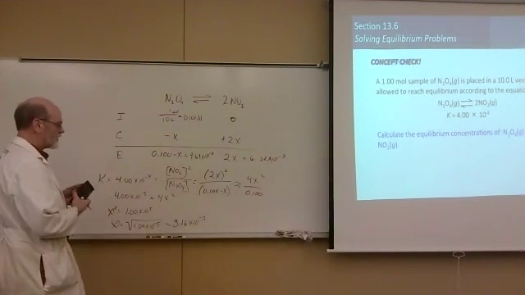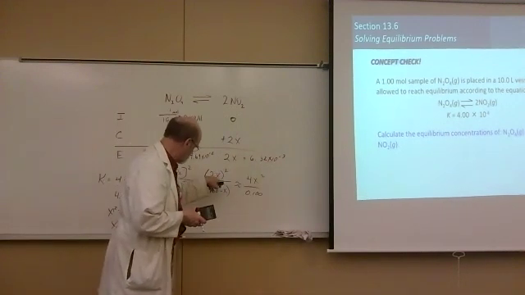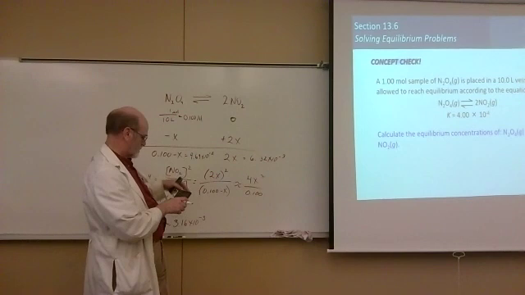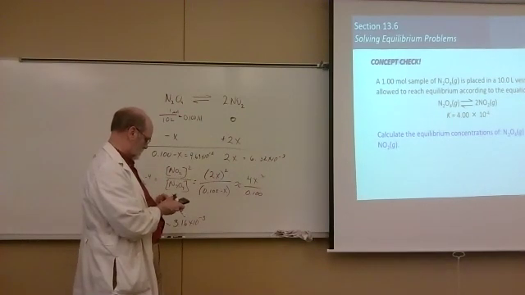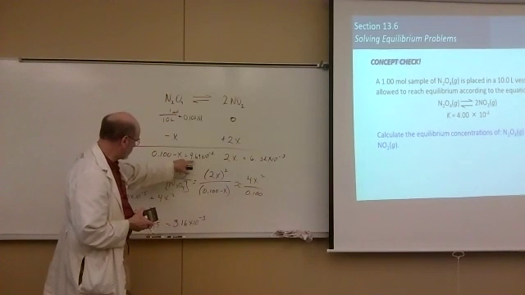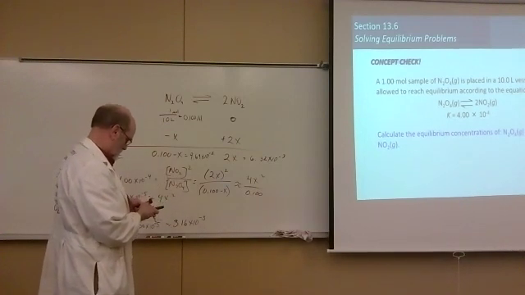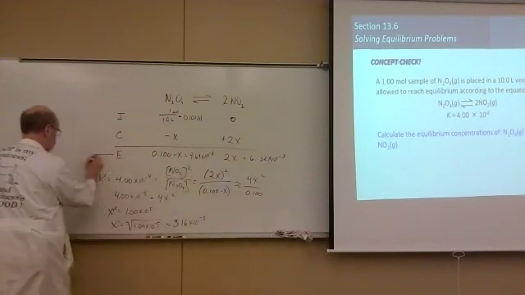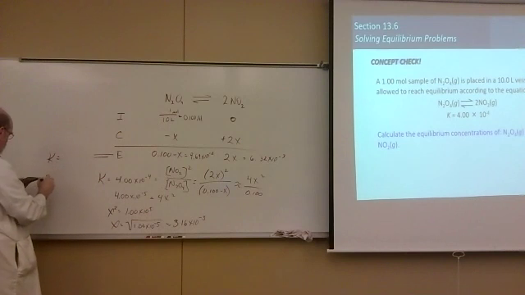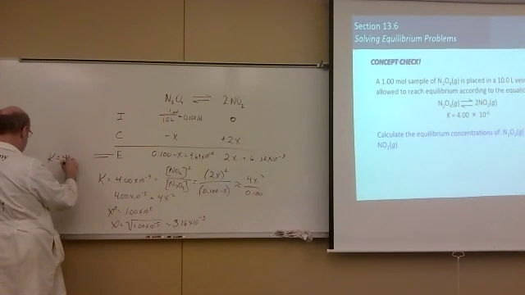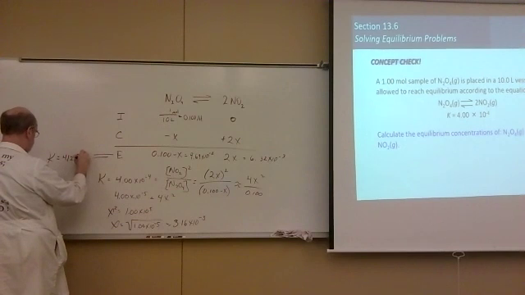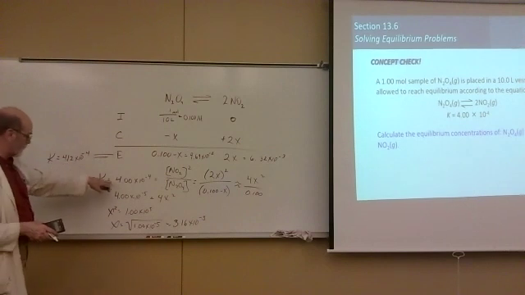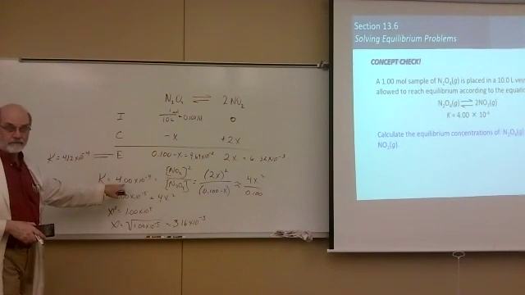Okay, so now what you have to do is plug this value in here, here, square it, and then divide it by this value. And when you use those values, K is calculated at 4.12 times 10 to the minus 4. Okay? So it's very close, right?